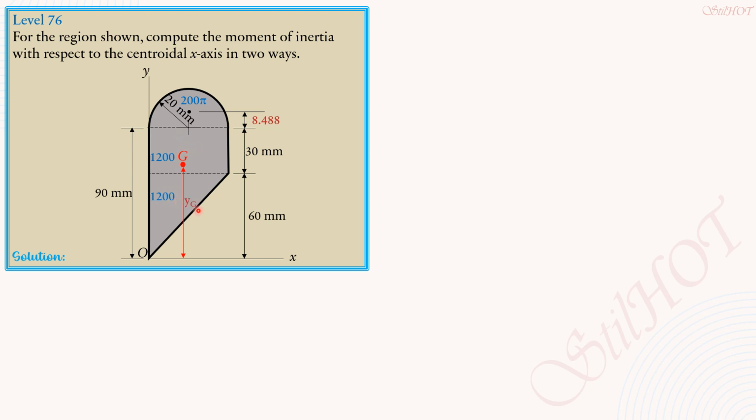So for instance, for the triangle, the location of its centroid from the x-axis is 2/3 of 60, which is 40. The location of the centroid of the rectangle is 60 plus half of 30, so 75. And for the centroid of the semicircle, 60 plus 30, 90 plus 8.488, so it's 98.488.